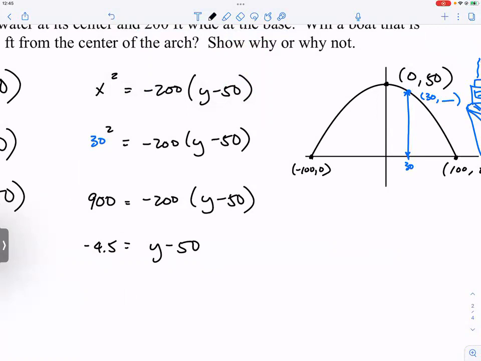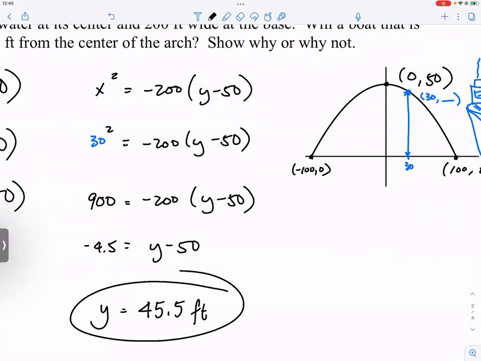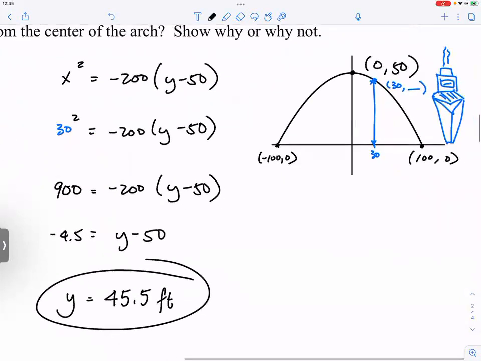And then you add 50 to the other side, which gives you the y value of 45.5 feet. So that's the actual height of the arch, and the boat is 42 feet tall.